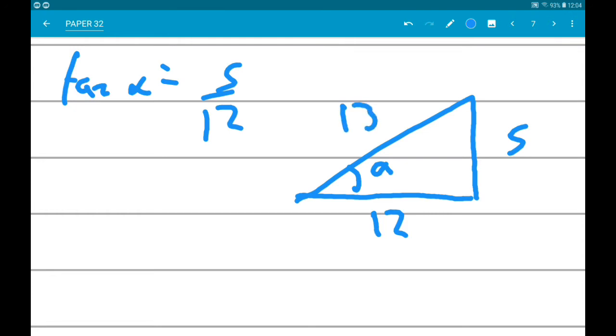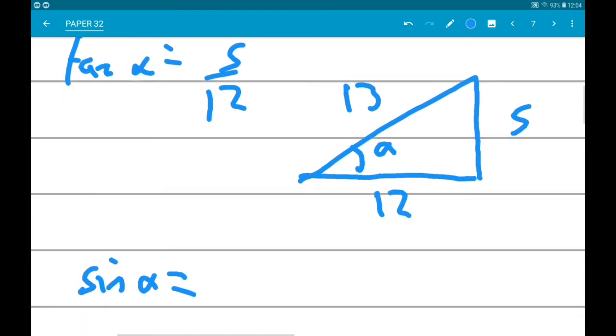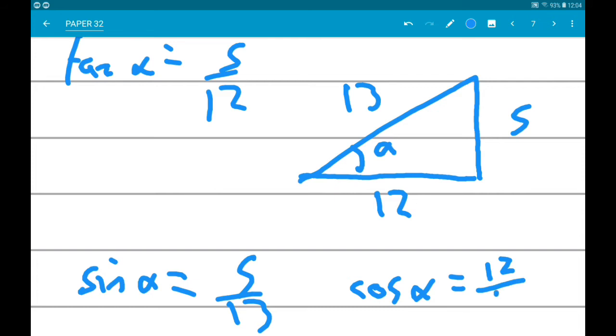So, from that, we can get sine alpha and cos alpha. So, sine alpha is 5/13 and cos alpha is 12 thirteenths. Alright, so we're going to need those for the forces acting in this system.